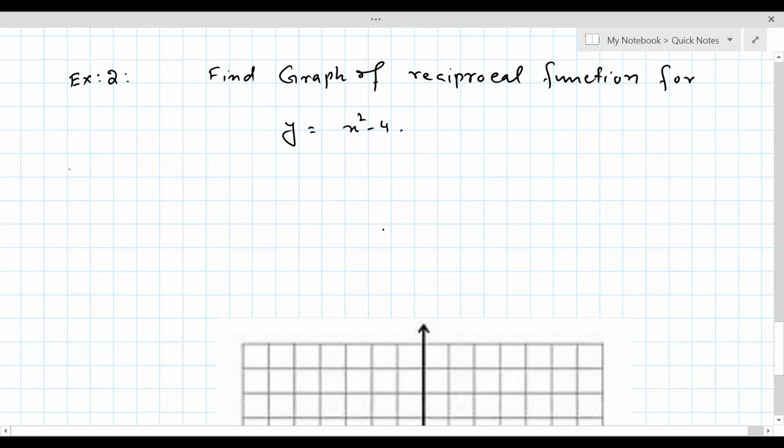So the reciprocal function is y is equal to 1 over x square minus 4.